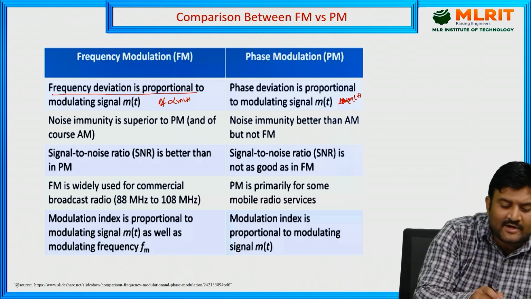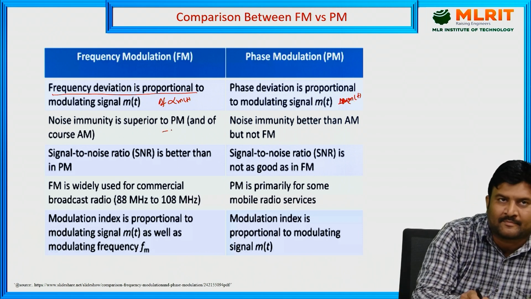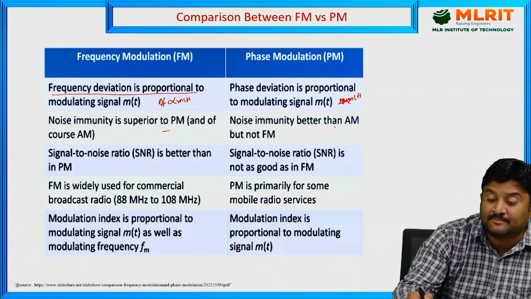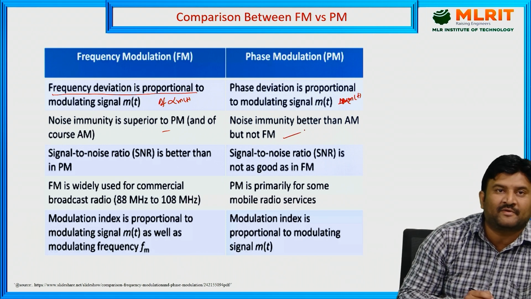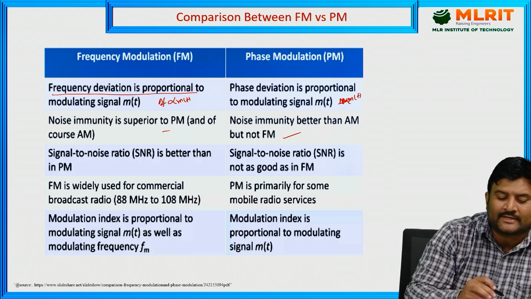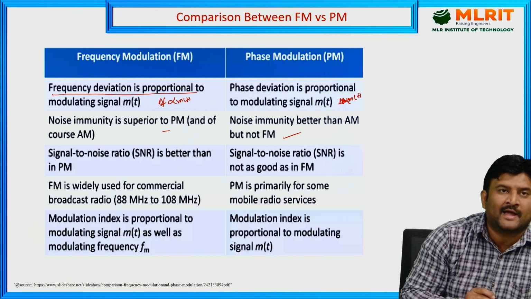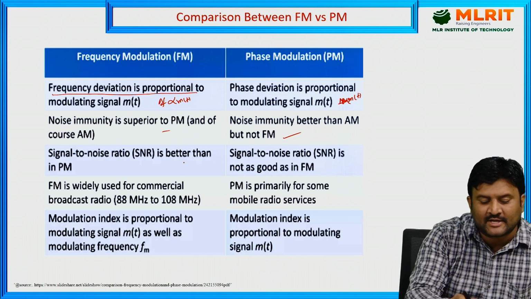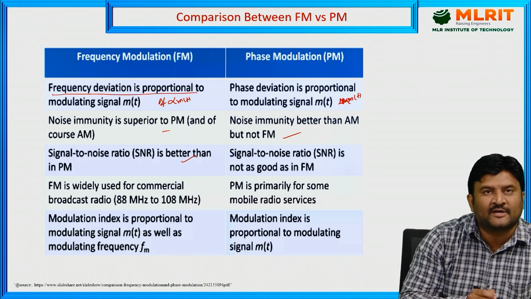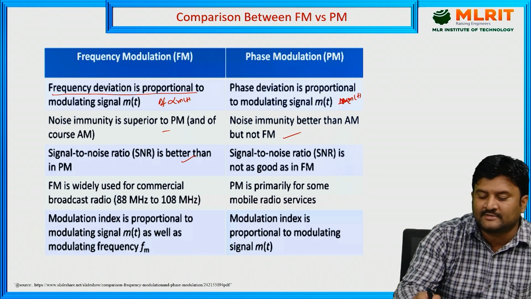Noise immunity of FM is superior to PM. Noise immunity is better than AM but not FM. Comparing these two techniques, FM has high noise immunity compared with PM, and the signal to noise ratio is better than phase modulation. In PM, the signal to noise ratio is not as good as in FM.